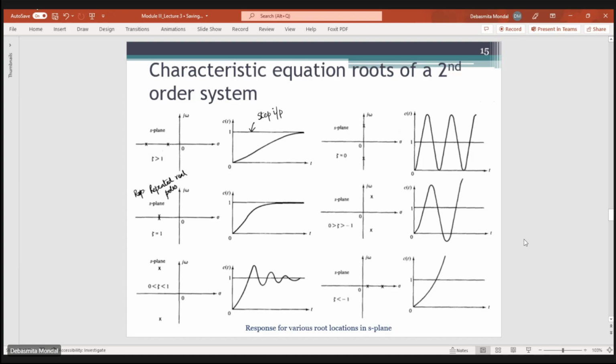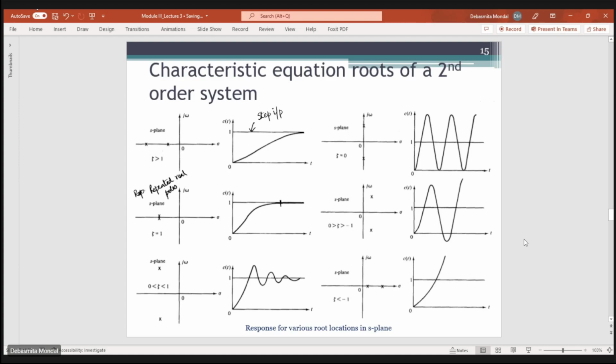So you have two poles at the same position. That is the case when the value of zeta is equal to 1, which means the critically damped system. A critically damped system will also follow a similar exponential path, just that the settling time is minimum for the system.